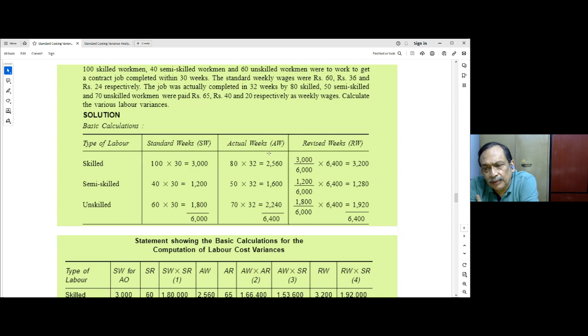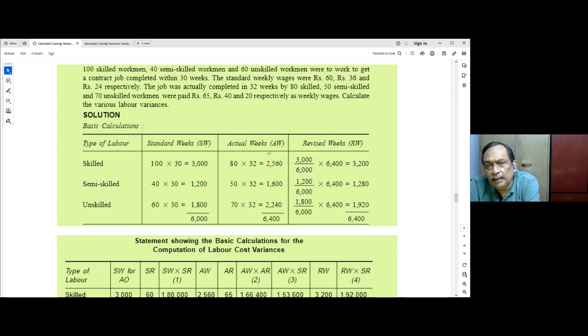Hope you have understood the first one. 100 skilled workmen, 40 semi-skilled workmen, and 60 unskilled workmen were to work to get a contract job completed within 30 weeks. The standard weekly wages were rupees 60, rupees 36, and rupees 24 respectively.